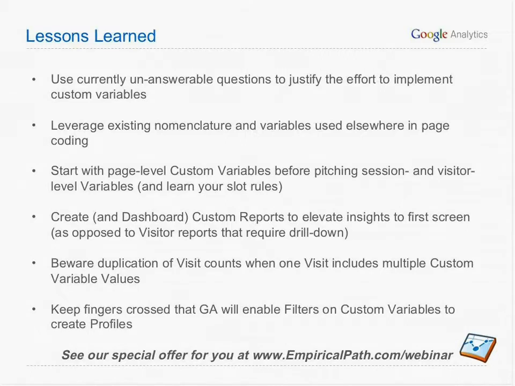Thanks, Jim. We showed some of the reports that these custom variables enabled, and as a result, our narrative and interpretation for Business Insider that we do every week and every month was a lot richer. We were able to provide insights that would help specific managers within the company that only had responsibility for a given vertical.